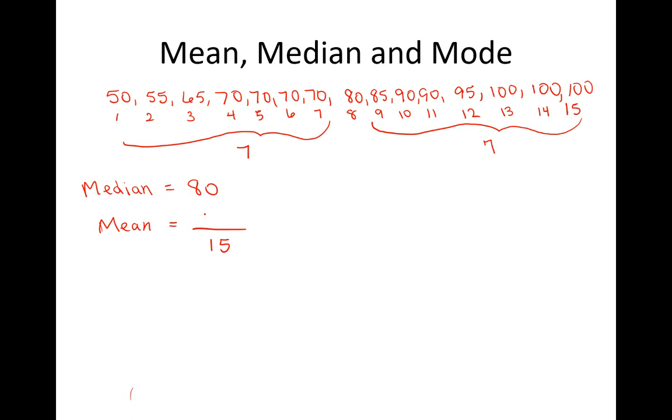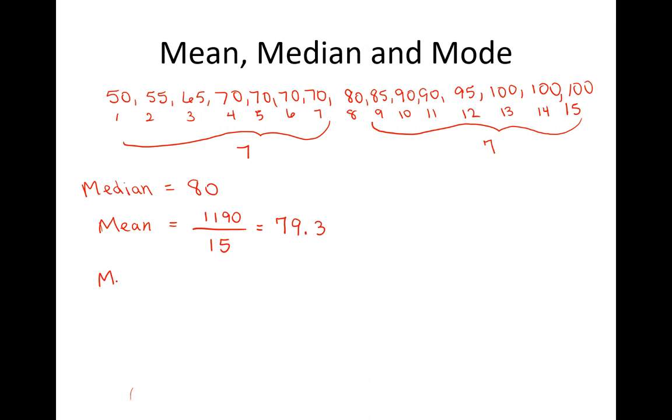That's 1,190. If I divide that by 15, I see that the mean grade is 79. Actually came out to be 79.3, just a tiny bit.